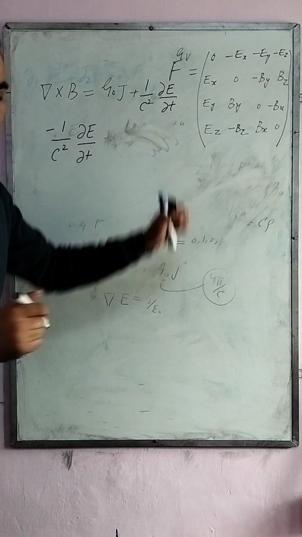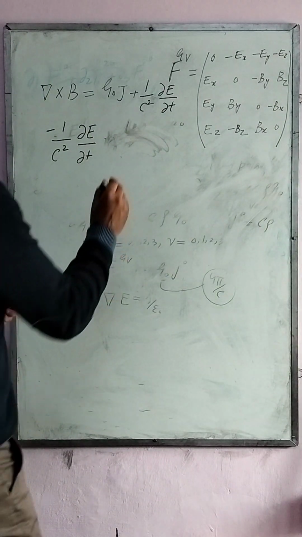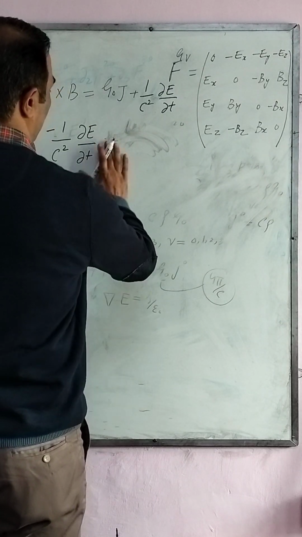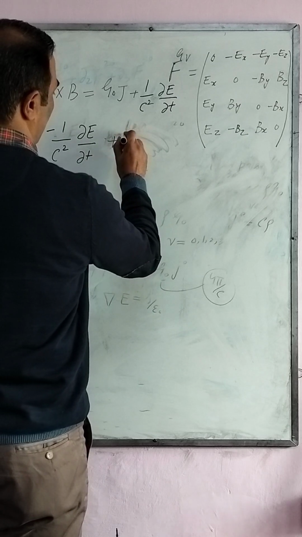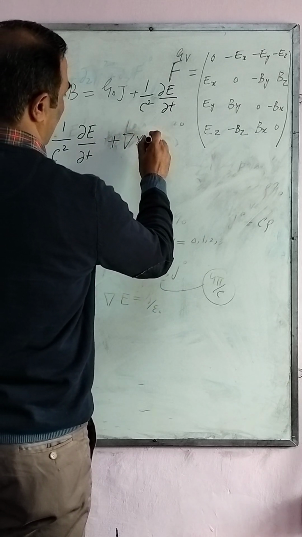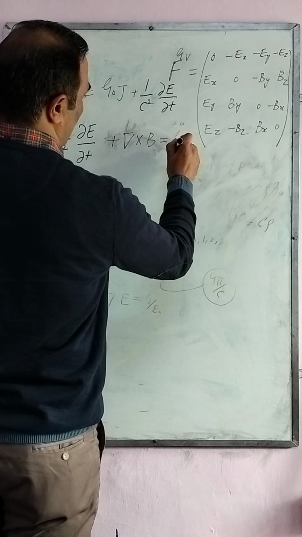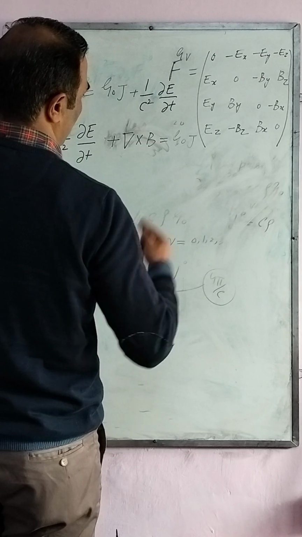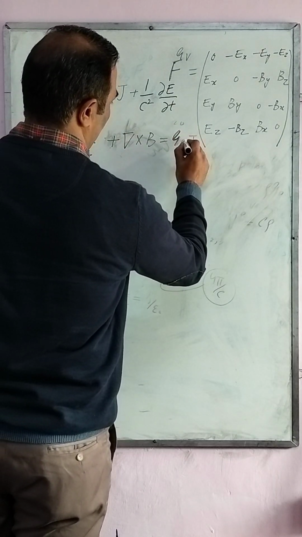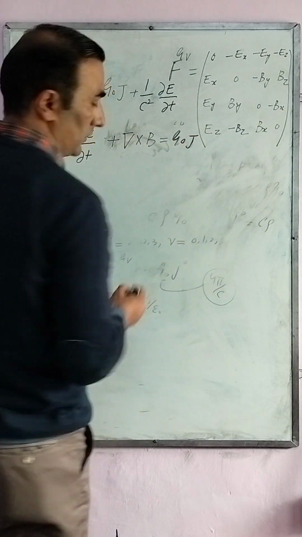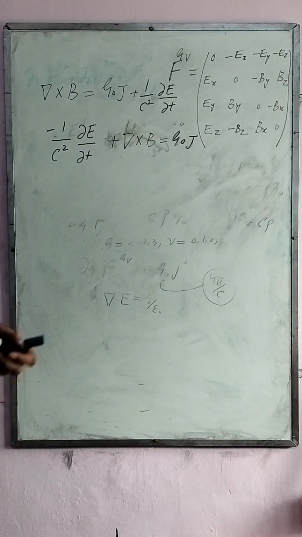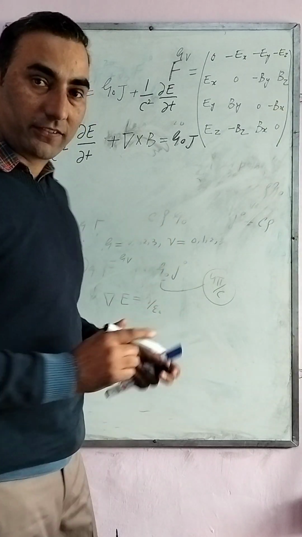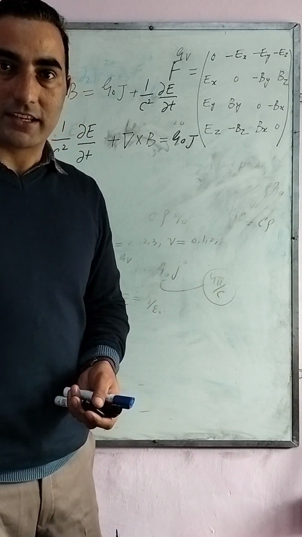Okay, let me write this down first. Okay. So let us write this in component form, because this electric field has x, y, and z components, right?